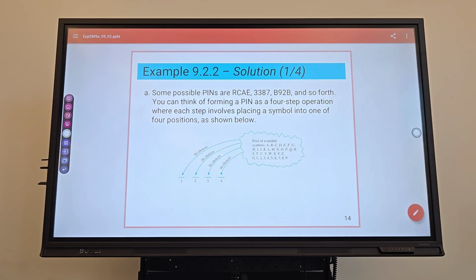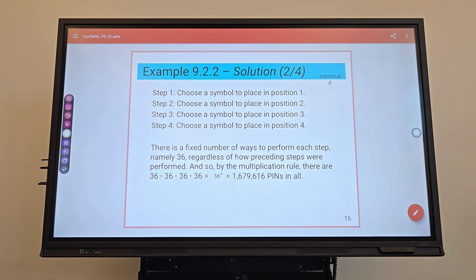Well, some possible PINs are given here. You can think of forming a PIN as a 4-step operation where each step involves placing a symbol into one of 4 positions, as shown here. Step 1, choose the symbol for position 1.